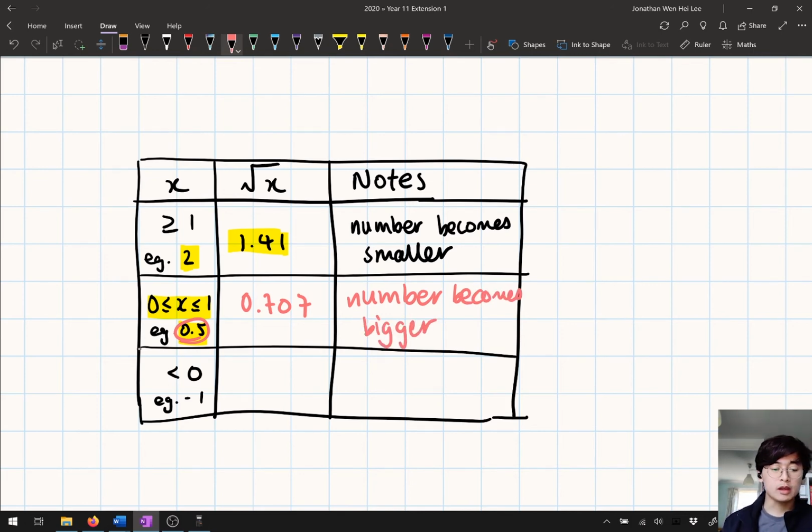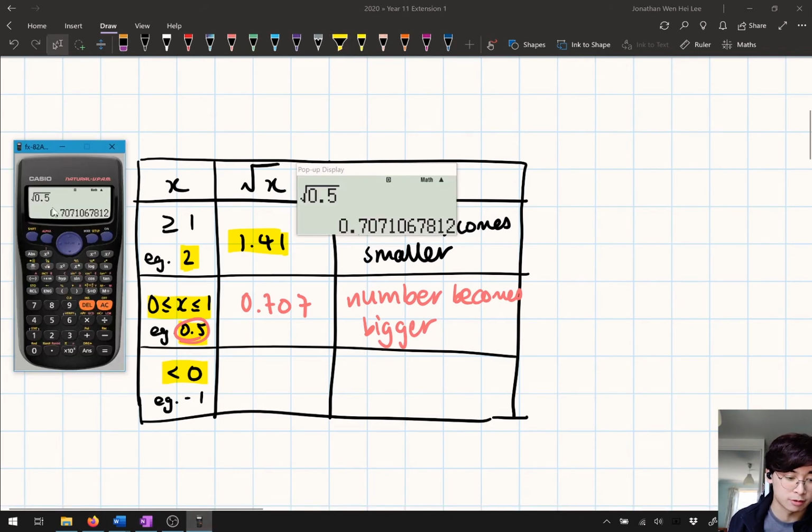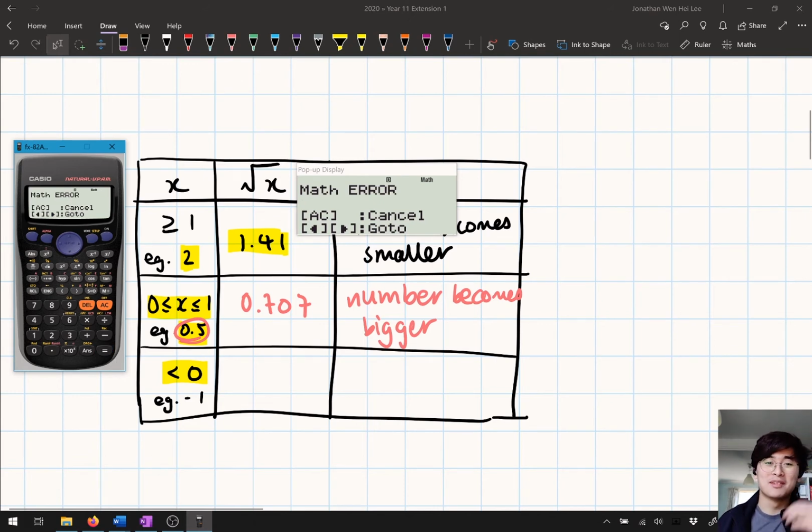Now, the last case is when we take a negative number, a number which is less than 0. For example, negative 1. What happens when we put negative 1 into our square root? We get a math error. If you remember, we talked about this. We can't put a negative number into the square root because the square root doesn't allow it. We'd go into another area of mathematics called imaginary and complex numbers.